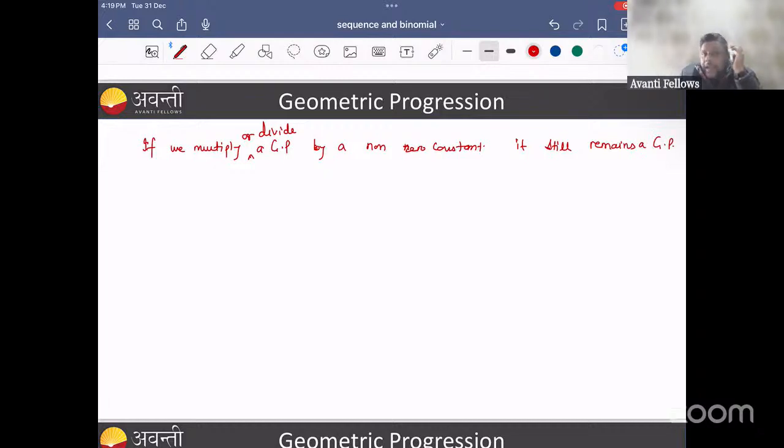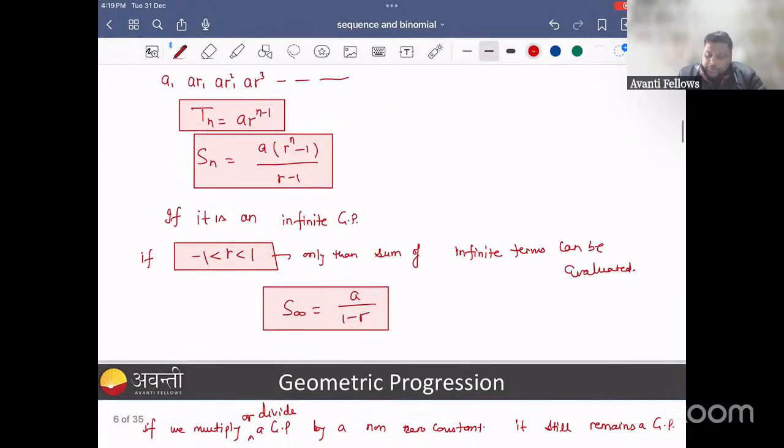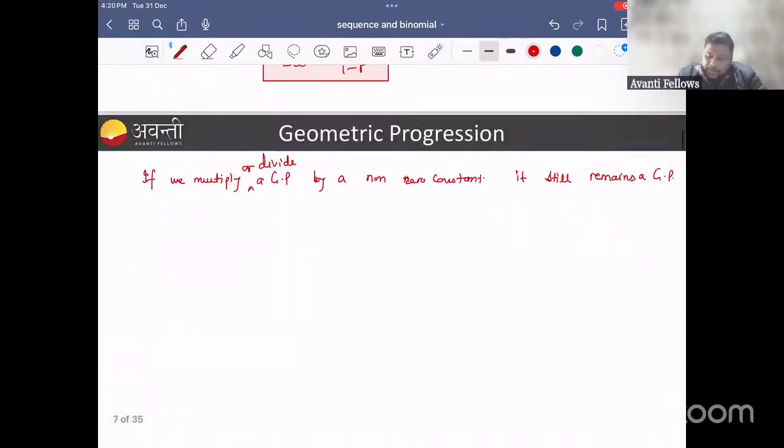But yes, if you add or subtract something from a GP, it will not be a GP anymore. Got it? So these are the main important formulas regarding GP.